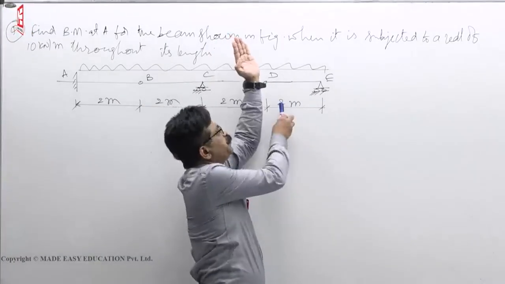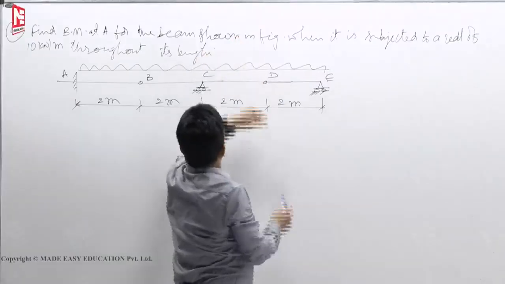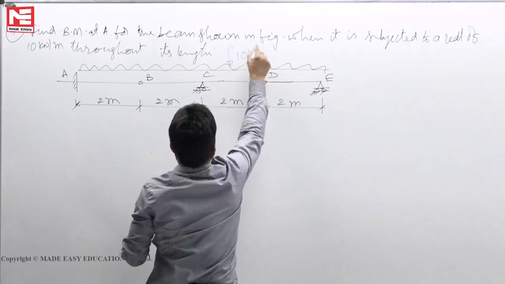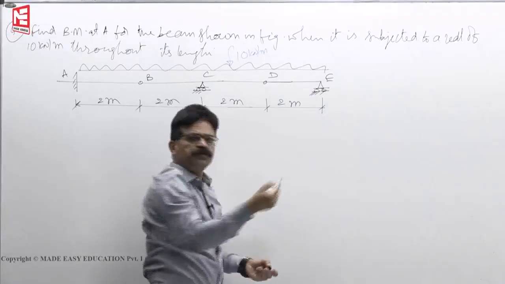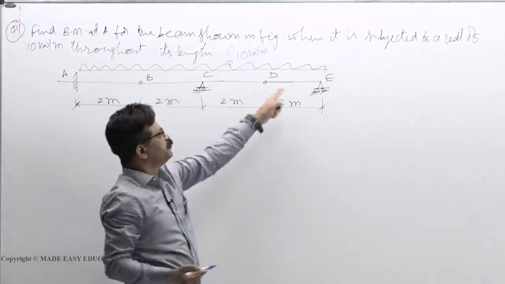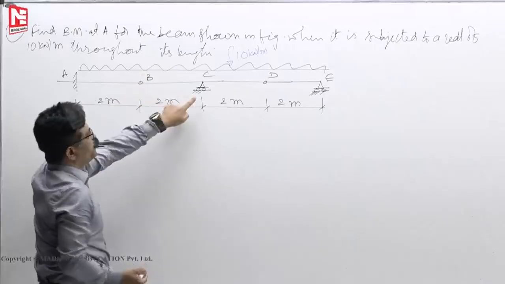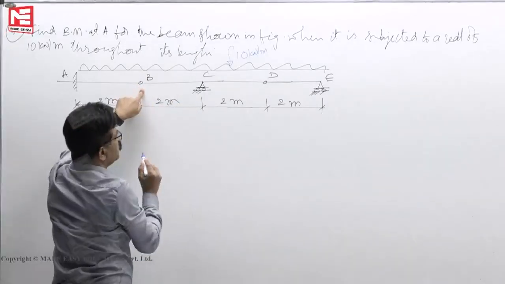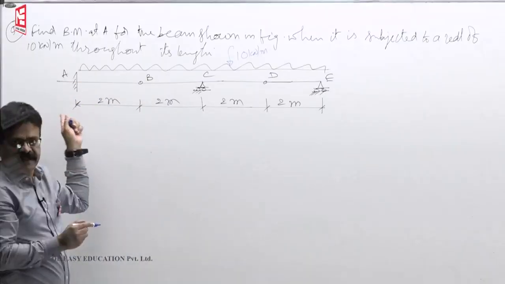So VE into 2 minus this load, say 10 kilonewtons per meter, so 10 into 2 into 2 by 2. So VE you will get. Then to find VC, take bending moment at B equal to 0, then VC you will get. Then you will get bending moment at A.